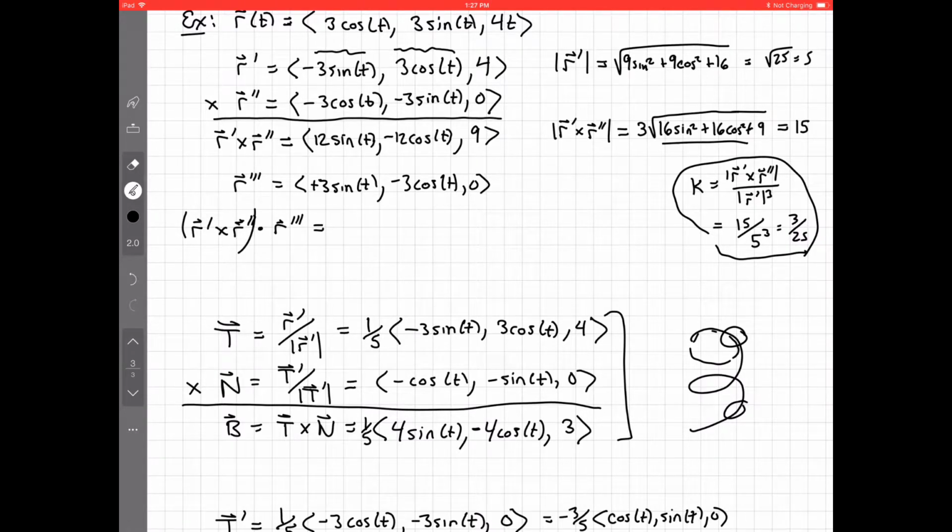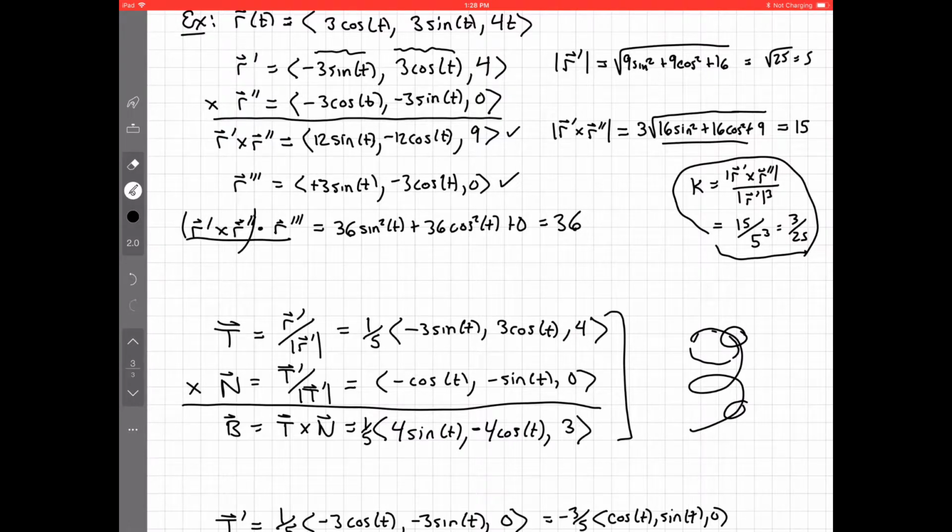Comparing our cross product and our r triple prime, if we dot those, notice we end up with 36 sine squared plus 36 cosine squared plus 0. That looks to be 36.